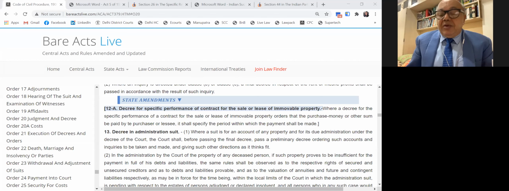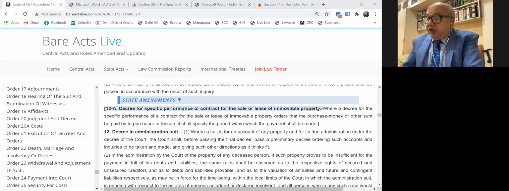Then your normal prayer is that this honorable court be pleased to declare that the agreement of sale between the parties is valid and binding. Prayer for a decree directing the defendant to perform his part of the contract, namely put you into possession and also execute the document.